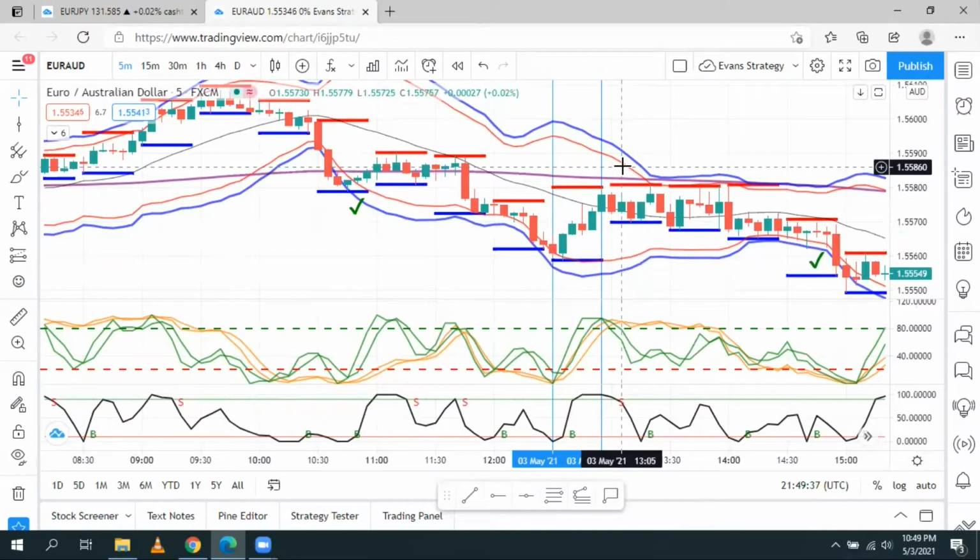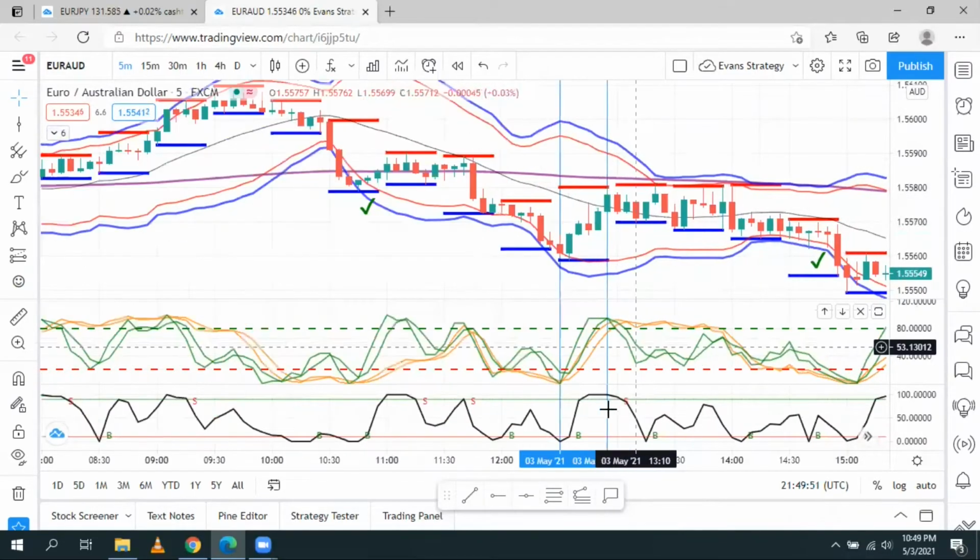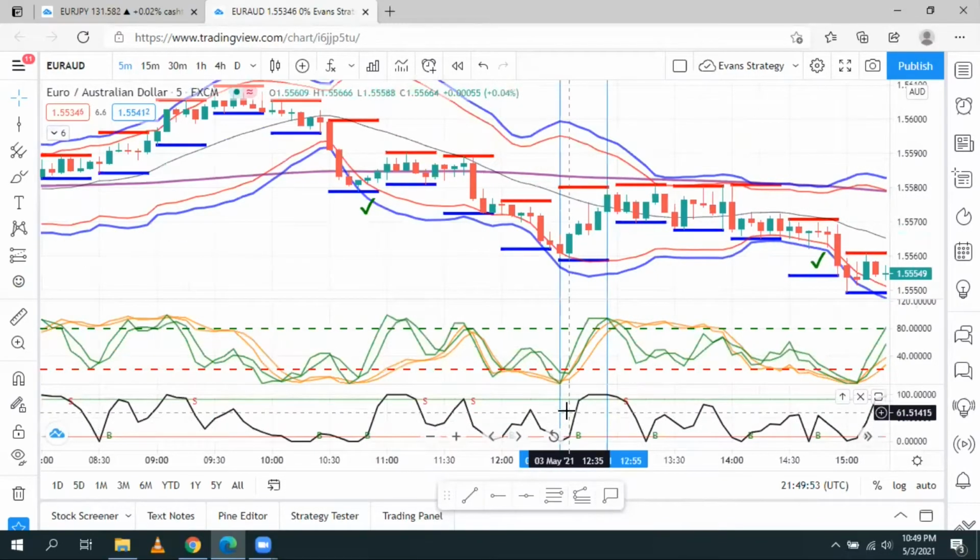The second confirmation is the market has crossed the overbought line. The 2 stoch RSI lines have crossed the upper band. Then the last confirmation is the DMI stochastic has crossed the overbought as well.